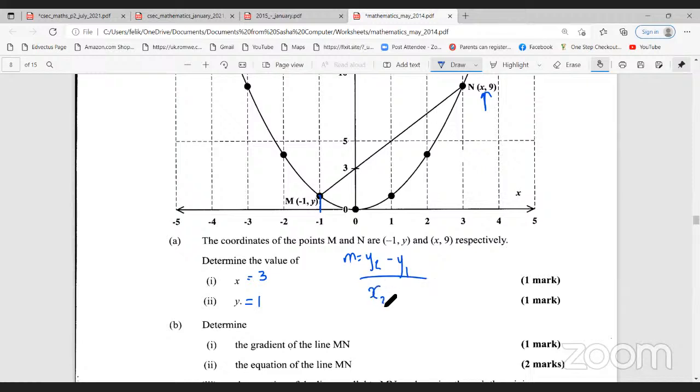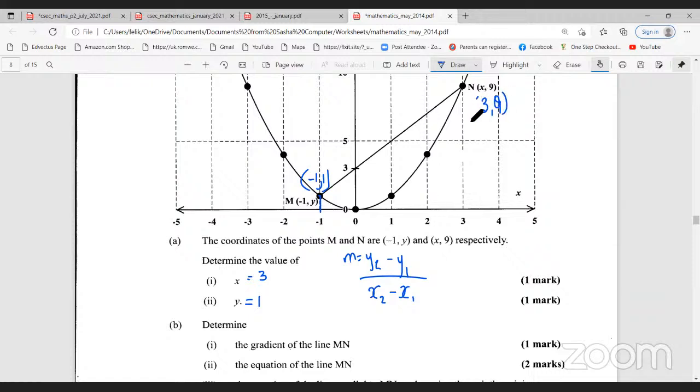So we're going to be finding the gradient, and what we're going to do is to actually label. So we know that this point is (-1, 1), right? And we know that this point is actually, what's N? (3, 9).